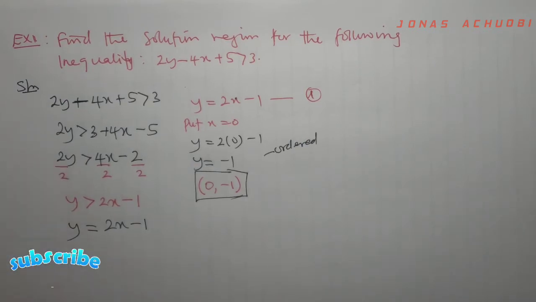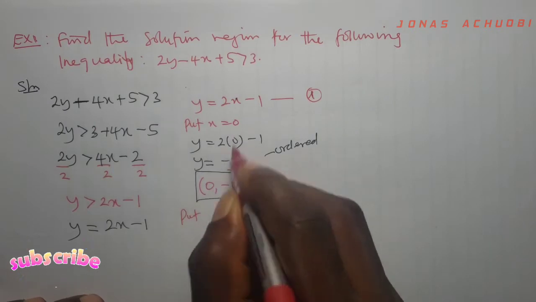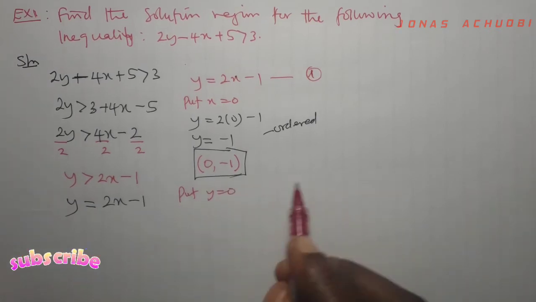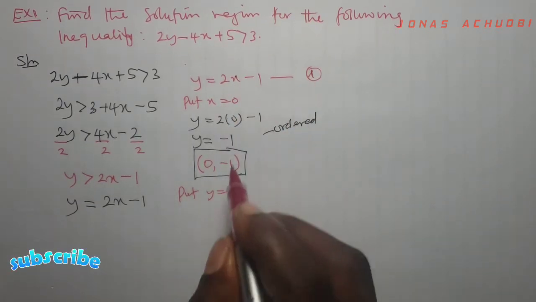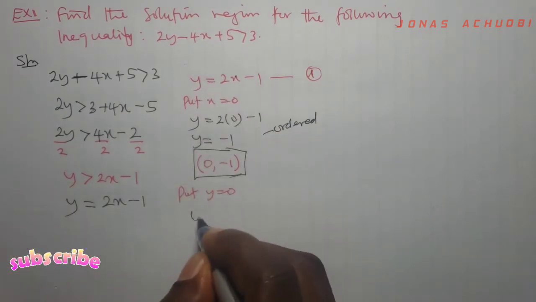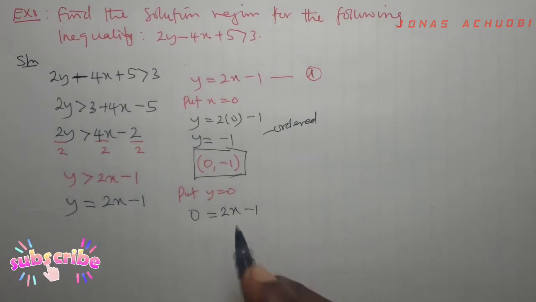Now to get the second coordinate point, you put what? Y now. You put y equal to 0. There are other ways of doing it, but to me, this is the simplest approach to the problem. You put y equal to 0, still into 1. So that becomes 0 equal to 2x minus 1.